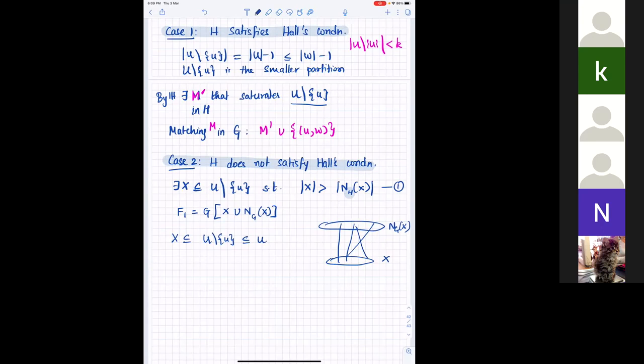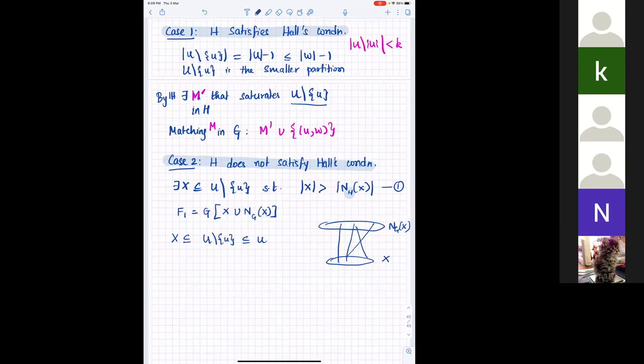Now, this is a smaller graph, right? We removed the vertex U, and then we are looking at a subgraph. So it's very likely that you can apply the induction hypothesis here. On H directly you could not apply the inductive hypothesis because H did not satisfy Hall's condition. So we are trying to take out a graph from H and use the inductive hypothesis. For the inductive hypothesis, what must I say?